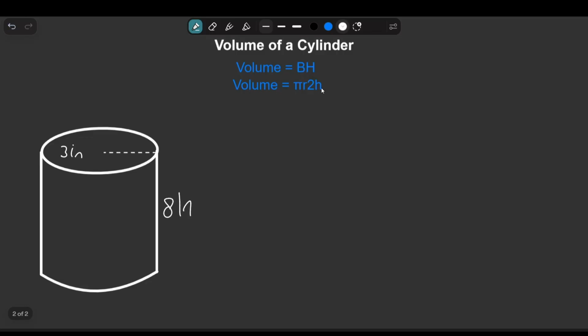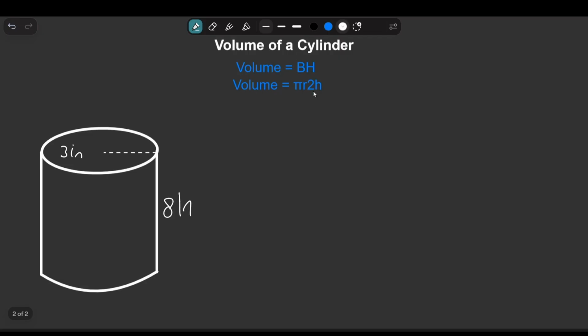Now the formula below that says volume equals pi r squared H. So pi times radius squared times height. Now pi r squared is the formula for the area of a circle. So in the case of the cylinder, our base is a circle.